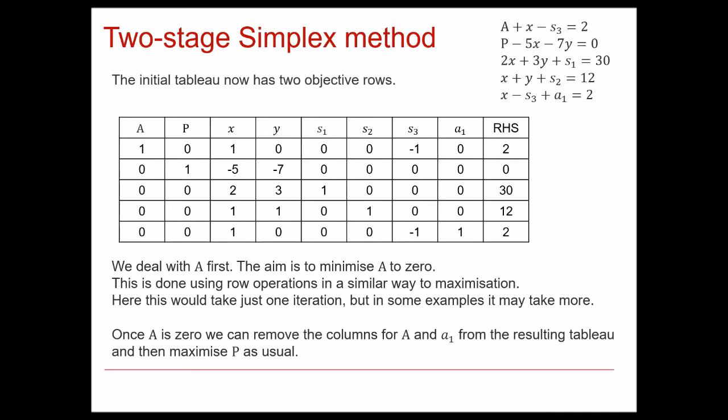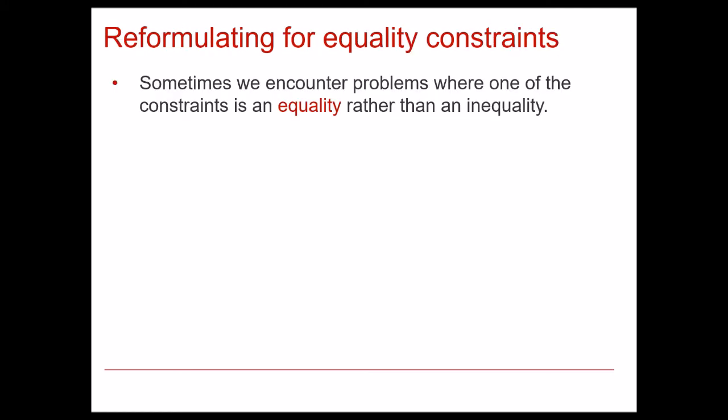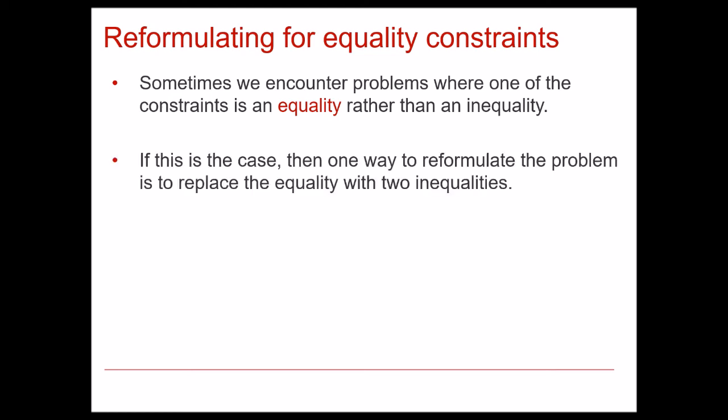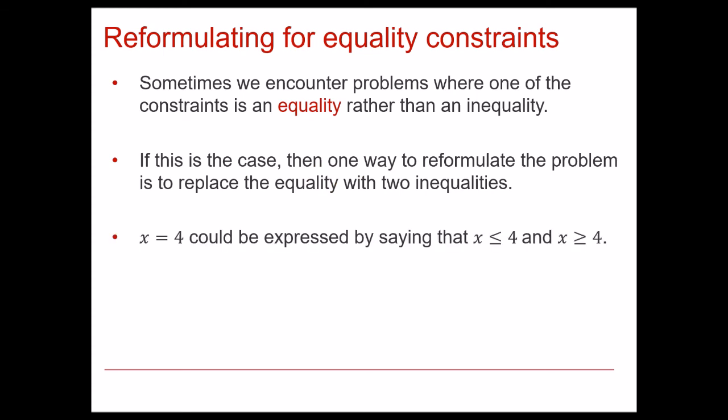Now, in terms of what we would do if we had constraints that demanded equality of a variable with a number rather than just greater than or equal to, it's quite clever the way we would deal with this. Rather than trying to find some way of ensuring that equality directly, what we do instead is include two inequalities.